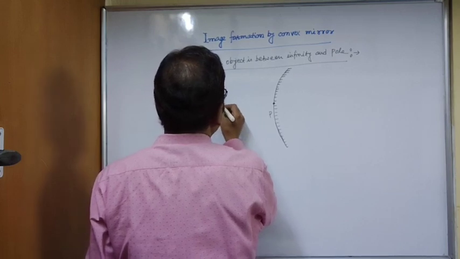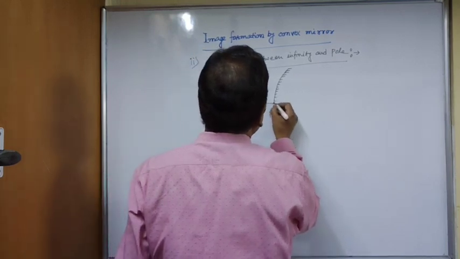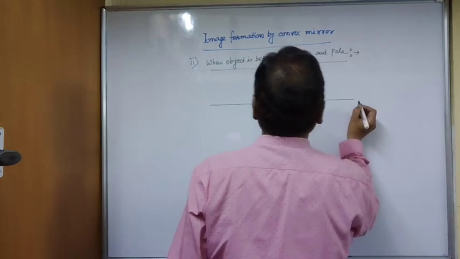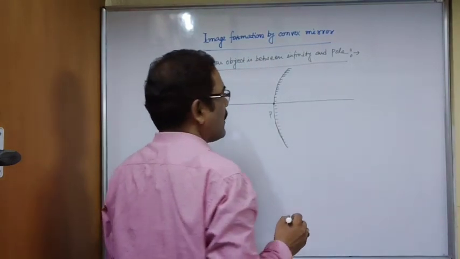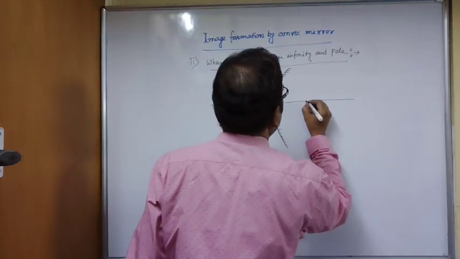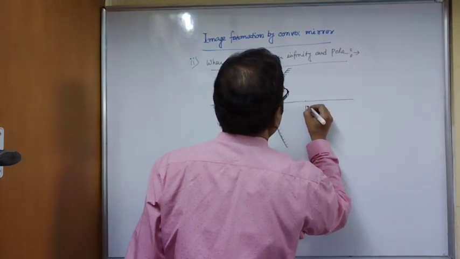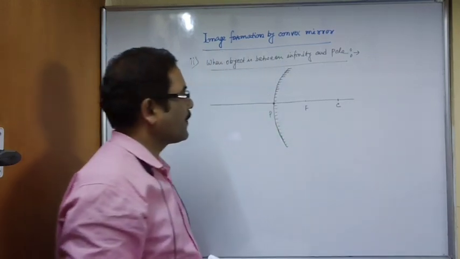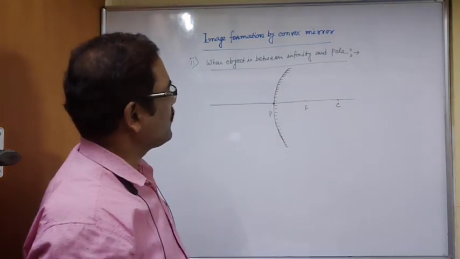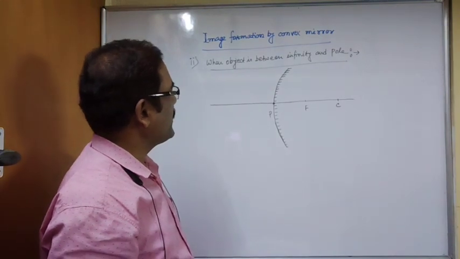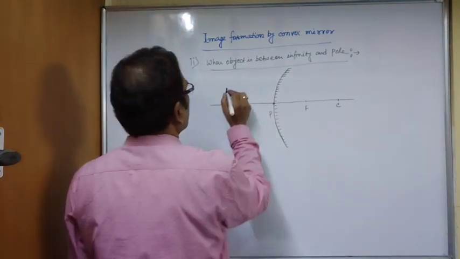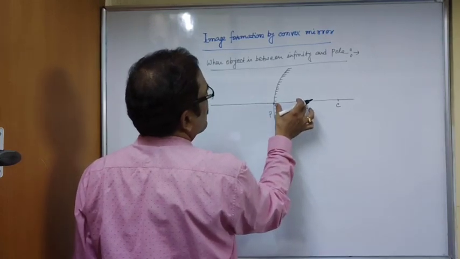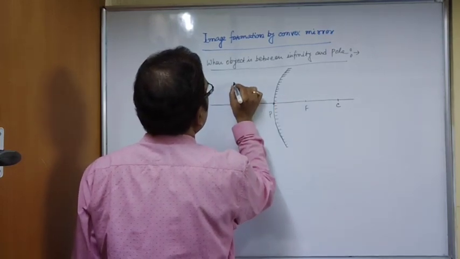Again draw a horizontal line through the pole of the mirror. As you know, this line is known as the principal axis. Then mark the points F and C. Now you can place the object anywhere between infinity and pole. So suppose these are the distances simply. So suppose the object is here somewhere.